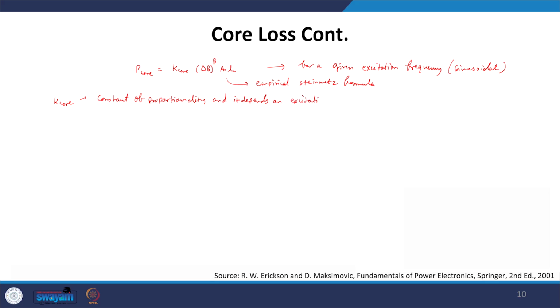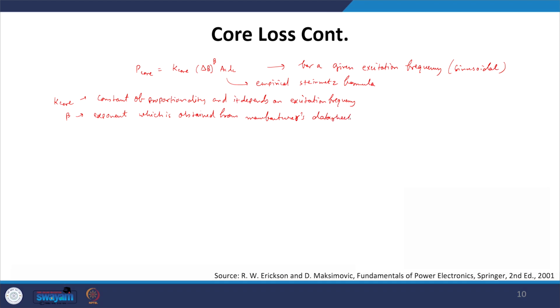That means for different excitation frequency this K core value will be different, and it also has this beta term, which is the exponent term, and which is obtained from the manufacturer's data sheet.